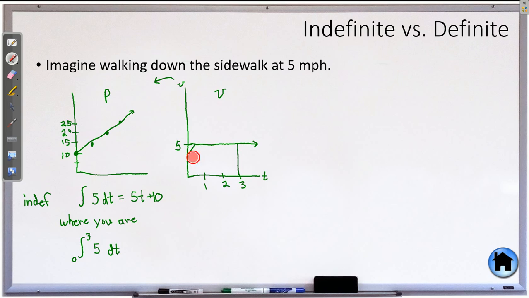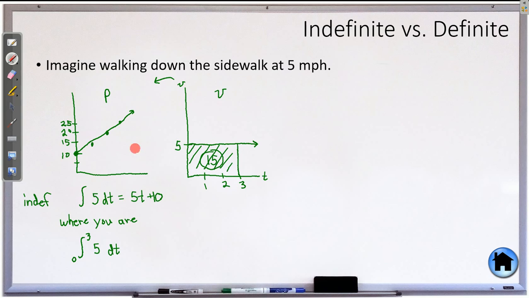Take a look at this area here. Because we're taking the definite integral of 5, which is this function over here. What is that area? Well, our height is 5, our length is 3, so that is 15. Hopefully you can sort of see the 15 in there.